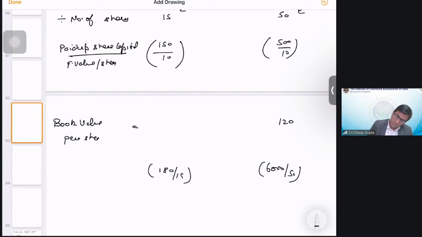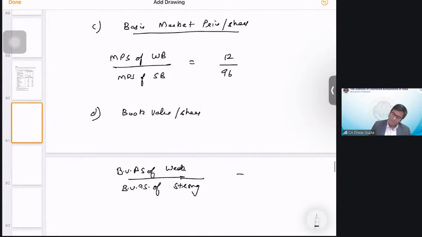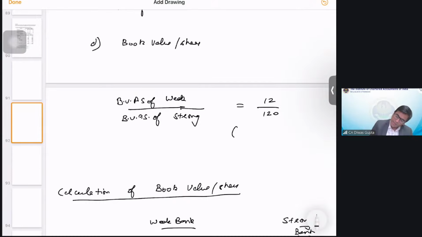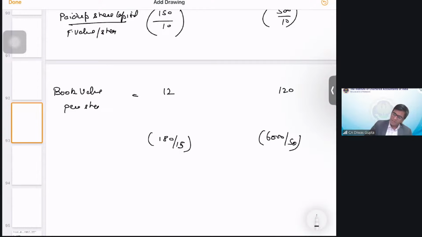So this is actually 12 and this is 120. Clear? So 12 and 120. Ultimately, we will have here 12 divided by 120. Refer calculation below. This is their book value per share, students.